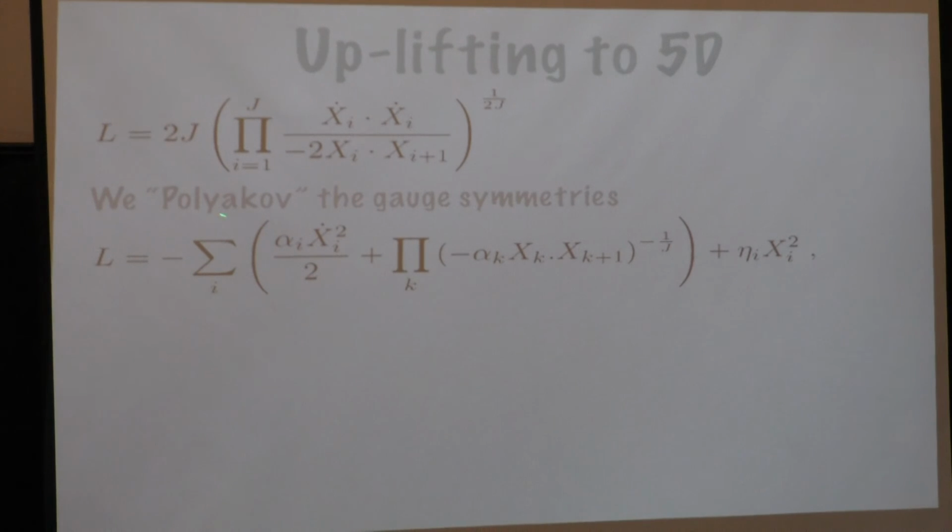So what we can do now is treat it in an inverse way and Polyakov these gauge symmetries, right? Meaning that we introduce a corresponding field for each of these gauge symmetries, and then we disentangle this action into this action. The relation between these two is the following. You can set alpha to anything you like by rescaling x, right? So the alphas are completely up to you.